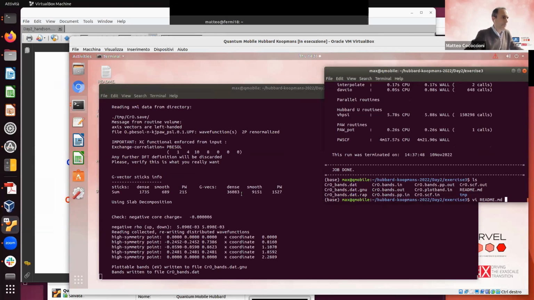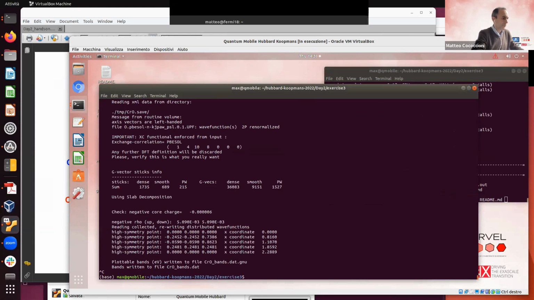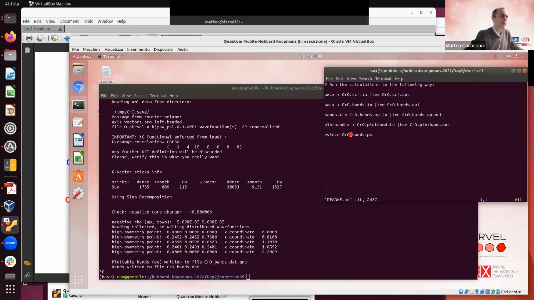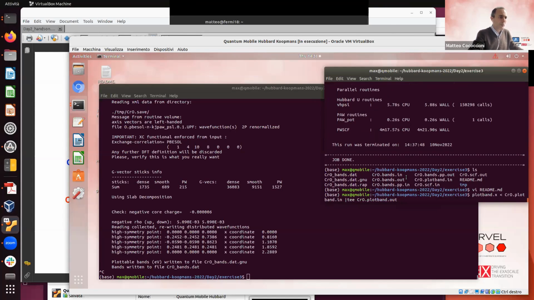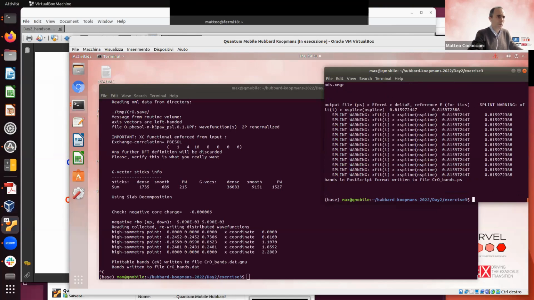This plot band is typically an interactive code, but you can also run it like this if you prepare a small input.